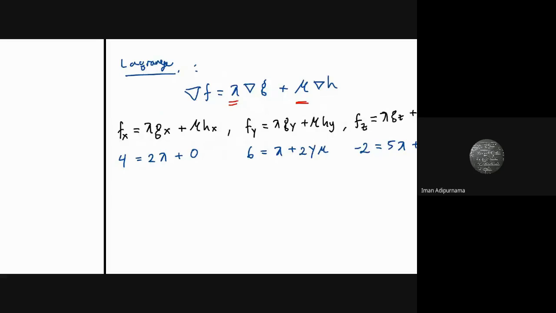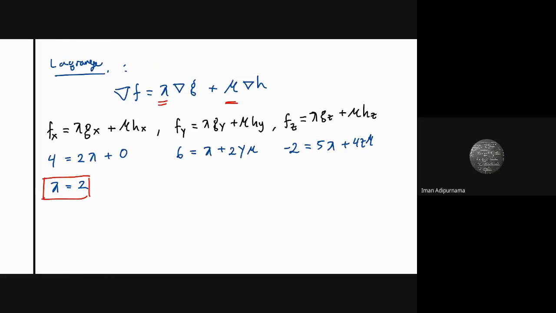Let's start looking at this first one. The first one is straight up a constant 2. Lambda is 2. So by this information alone, we can replace all the lambda with 2, right?